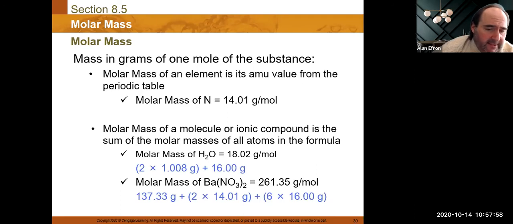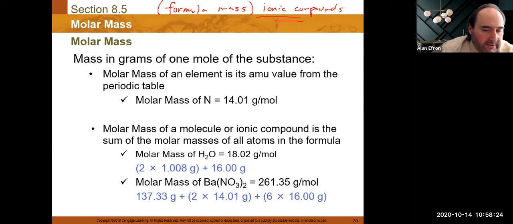I will say in some books, in some cases, you may sometimes hear formula mass. And formula mass is really the same thing as molar mass. And sometimes this is used for ionic compounds. We won't use it here, but occasionally you'll see that name pop in there. It's basically the same thing. It's just used for ionic compounds. But as you can see here, we could do it for ionic compounds and covalent compounds.